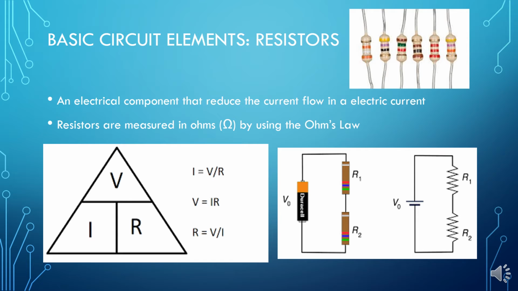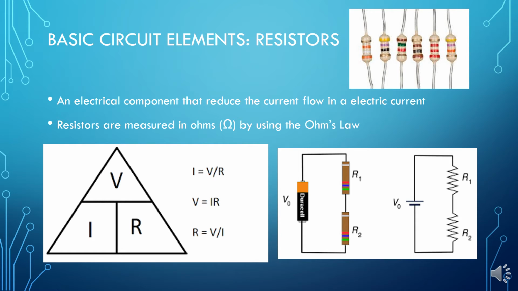Now, resistance can be calculated by using Ohm's law. By using Ohm's law, we need to know which formula we need to use. So I have here a picture, which is a triangle diagram, which is using the strategy of using Ohm's law.